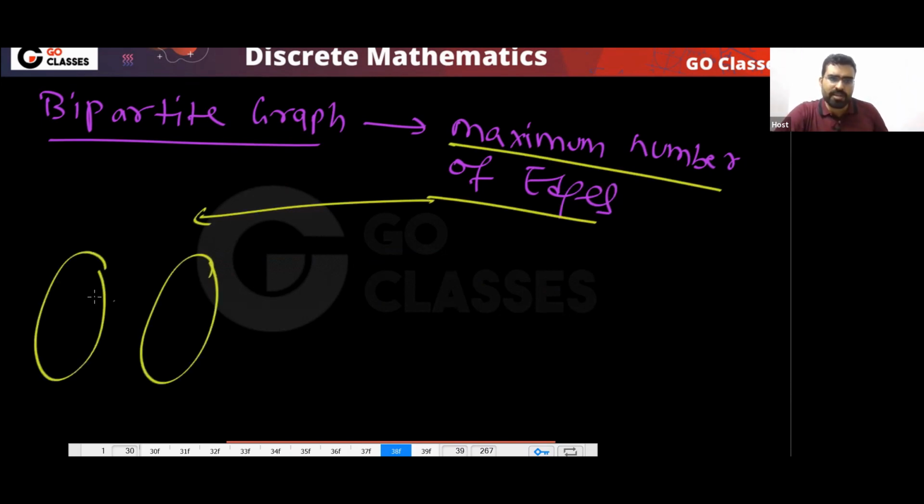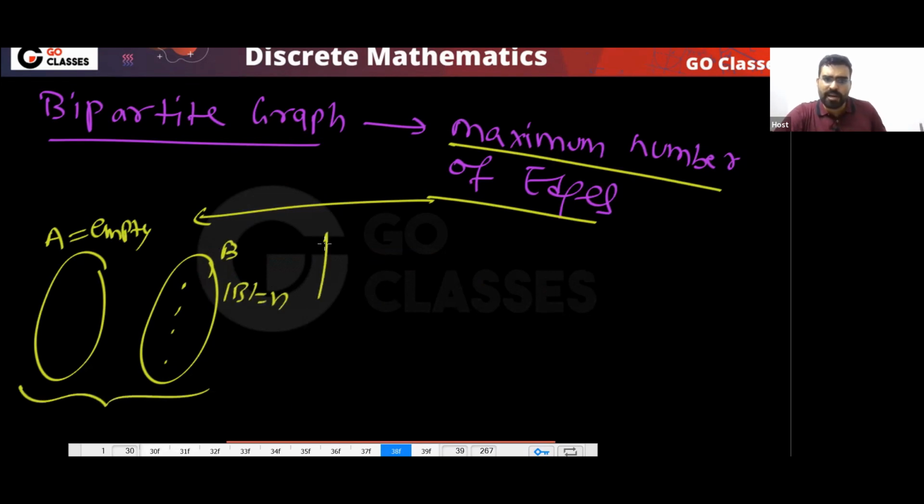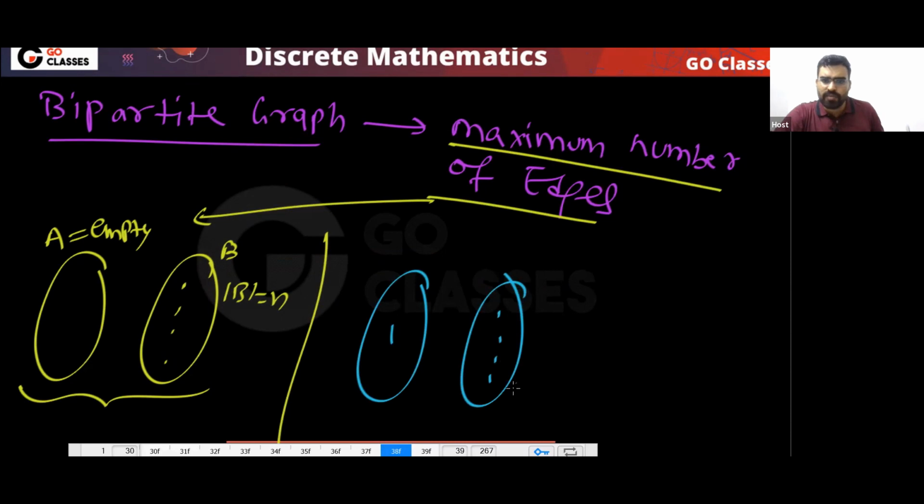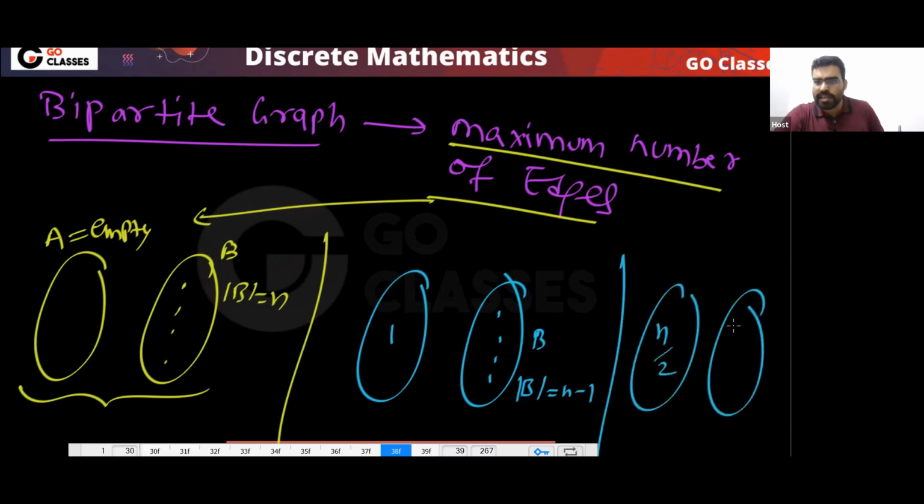Either you can check extreme unfair, where all n vertices are on one side and the other side is empty. This is extreme unfair, yes or no? You can also check n minus 1 vertices on one side, or you can check n by 2.